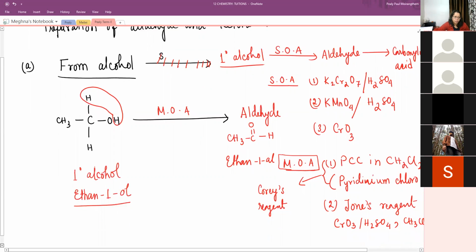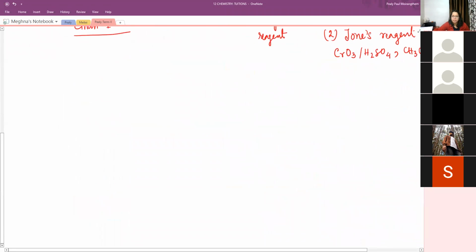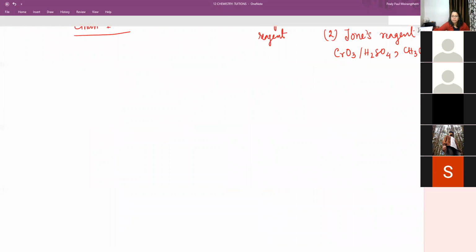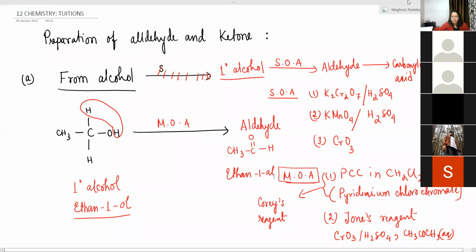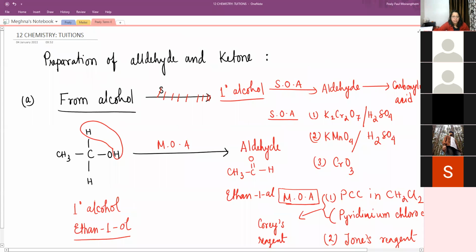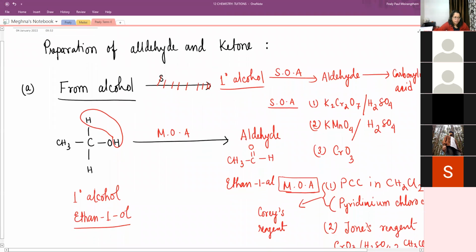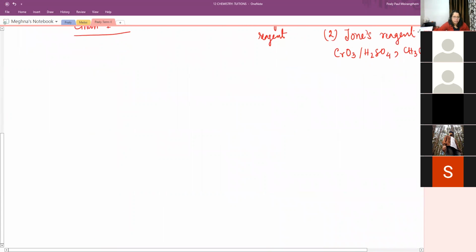Okay, so now we'll go for ketone. Now for ketone, which degree alcohol do we have to take?